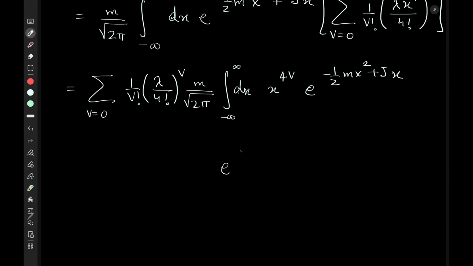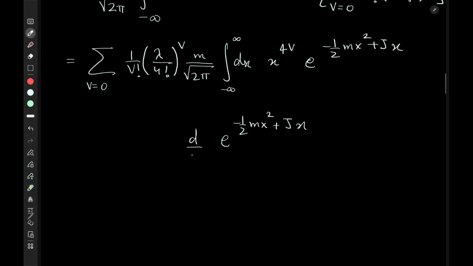Consider this, e to the power minus half mx square plus jx, and differentiate this factor with respect to j. By doing that, we will get the same exponential factor, times x, because of chain rule we are differentiating against j, so this factor will be 0 and this factor will give me x, which will be multiplied.